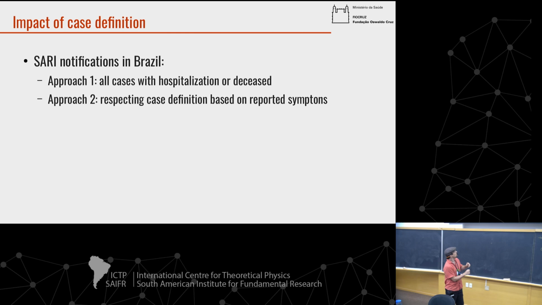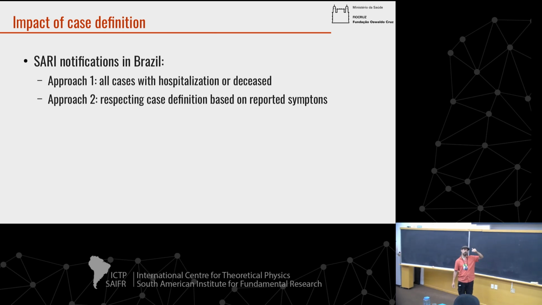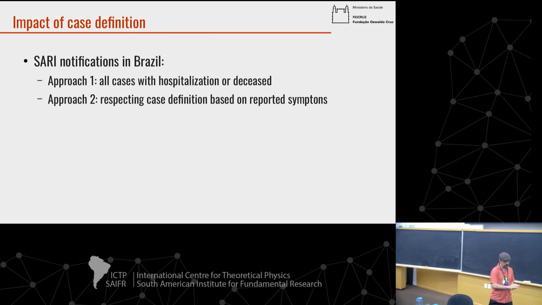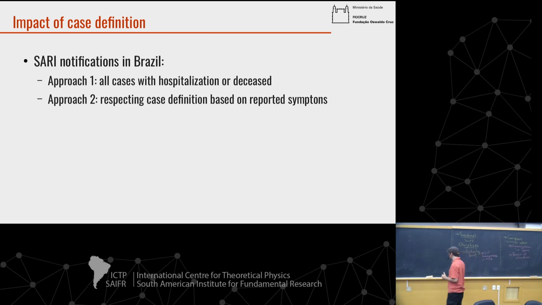Okay, this was used in Brazil before the pandemic. Then in 2020 we had several changes along the years to broaden the case definition. One of the things that was dropped is that fever was no longer mandatory.